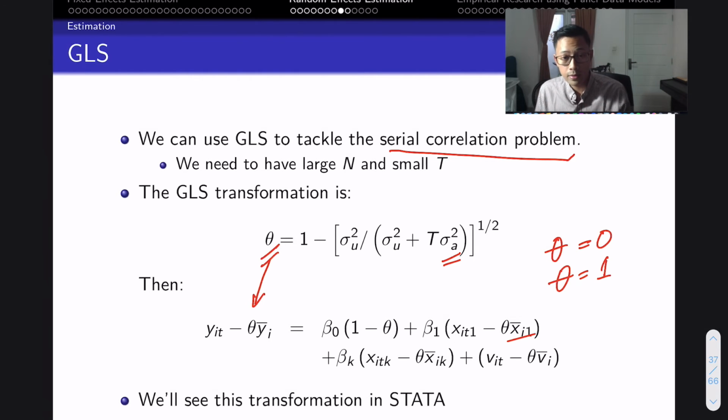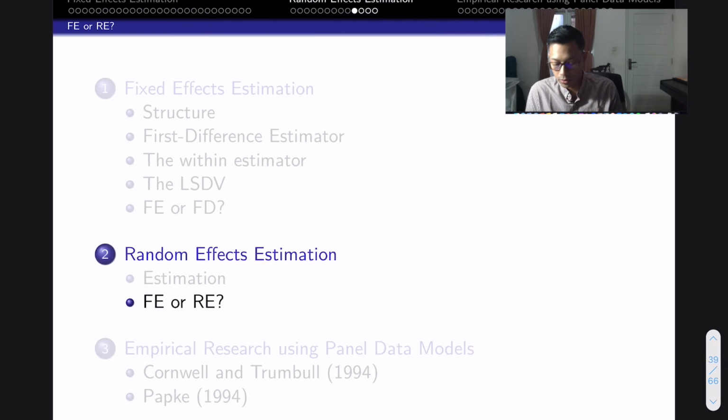Now, this is a very large discussion in itself, but I'm going to make it relatively brief. We discussed why we want to use fixed effects as opposed to first difference and the other way around. It really depends on the structure of the data.